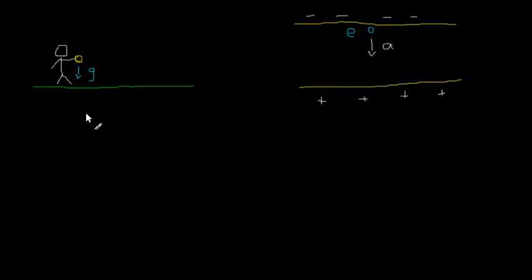So let's just refresh our memory on how we might calculate the velocity of the stone just before it hits the ground. For example, suppose that the height of the stone is, I'll call it d.